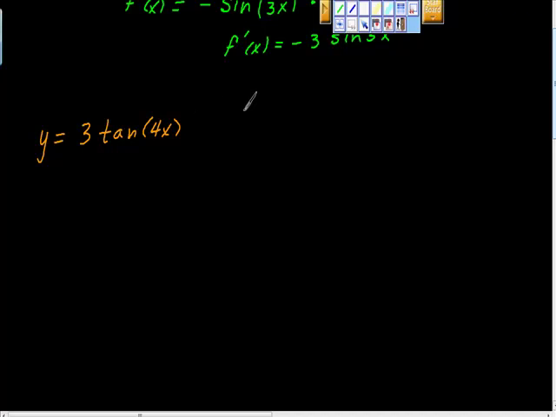So we know that what we're going to do here is take the derivative of this, so 3. The derivative of tan is secant squared x, isn't it? Times the derivative of the inside piece, which is 4. So here's our constant multiplier.